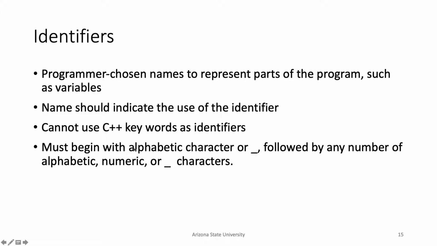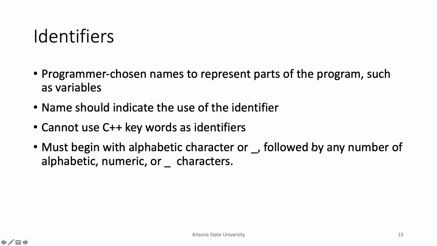So here's the rule on what identifiers are allowed to be. They defined it this way. They could have equivalently defined it to be something else, but this is how they defined it. It must start with an alphabetic character or an underscore. So any of the 26 letters, either lower or uppercase, or an underscore. So the first character must be one of those 53 characters. And yes, I counted.